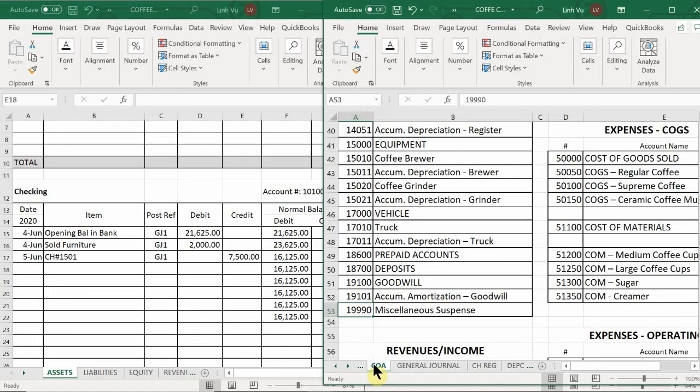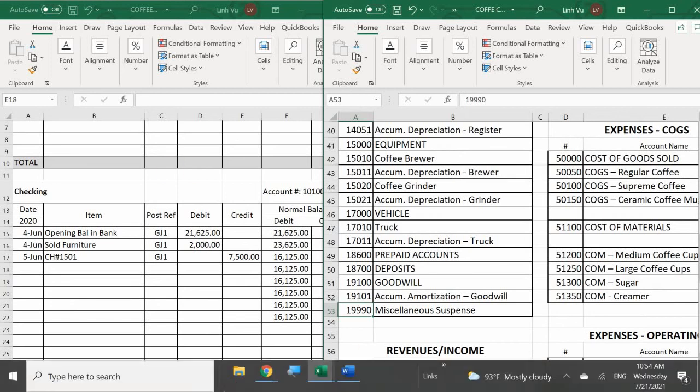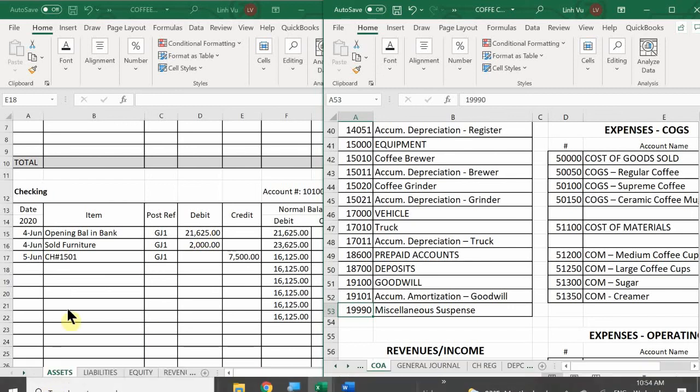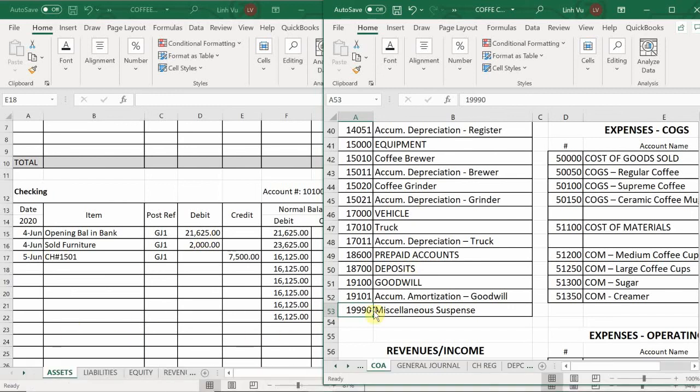Okay. I need to know what each account and what they reflect. Especially the most important one is your checking account itself. You need to know how much money you have at all times. So that's what this one is. This is under assets. It's the very top of the page.